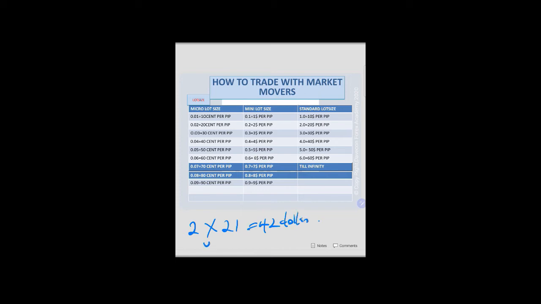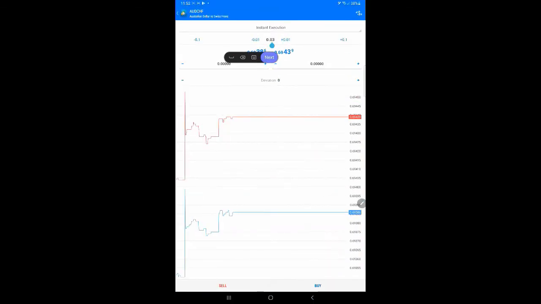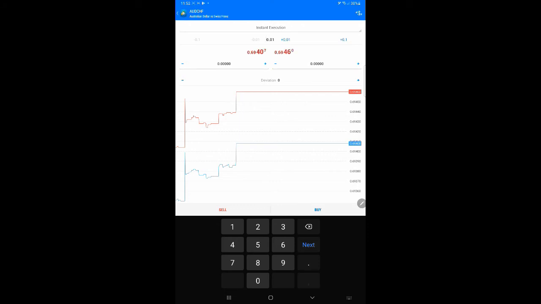So same if I use 0.6. Remember where to input your 0.6 is here. Remember this was about stop loss and take profit. Alright, this is the stop loss zone. Remember how we did this trade.